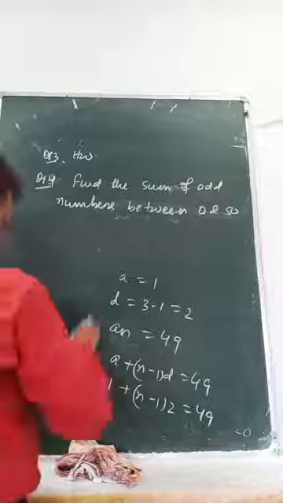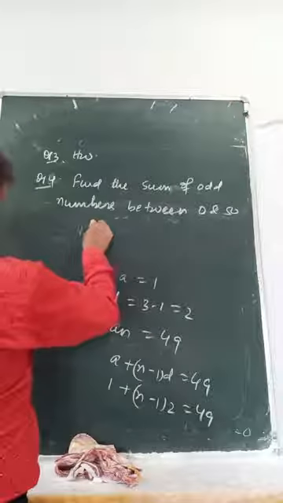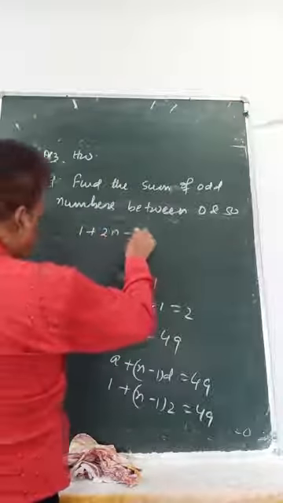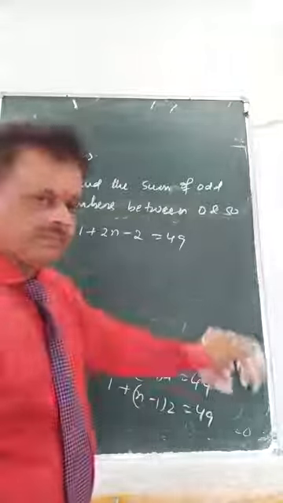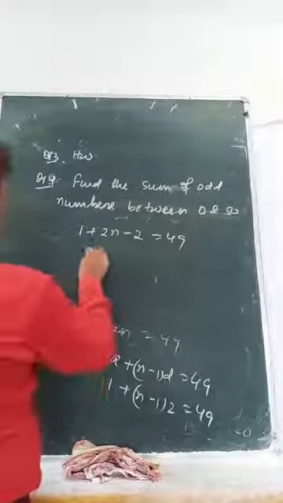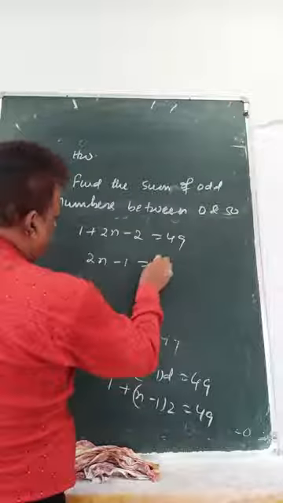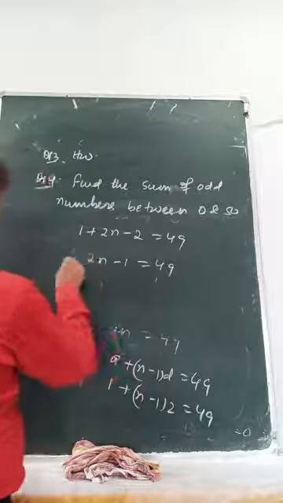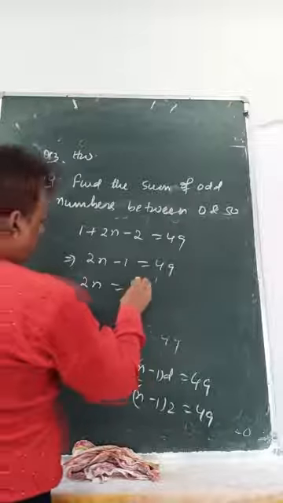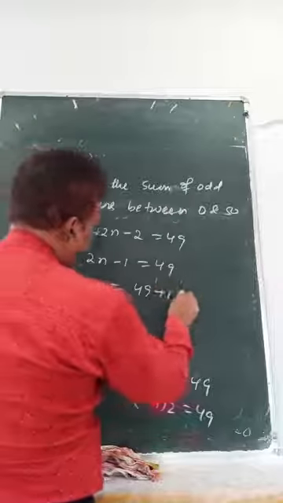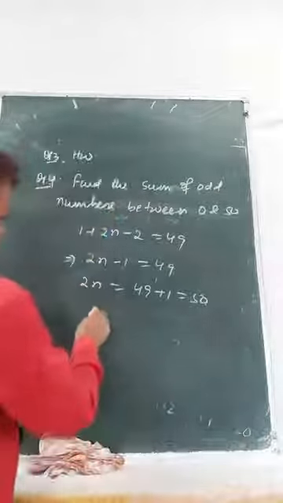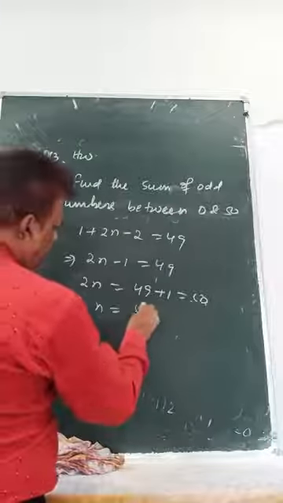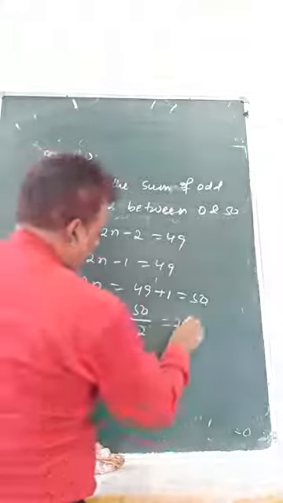Okay? 1 plus 2n minus 2 equals 49. Then 2n minus 1 equals 49. 2n equals 49 plus 1, 50. So n equals 50 by 2, that is 25.